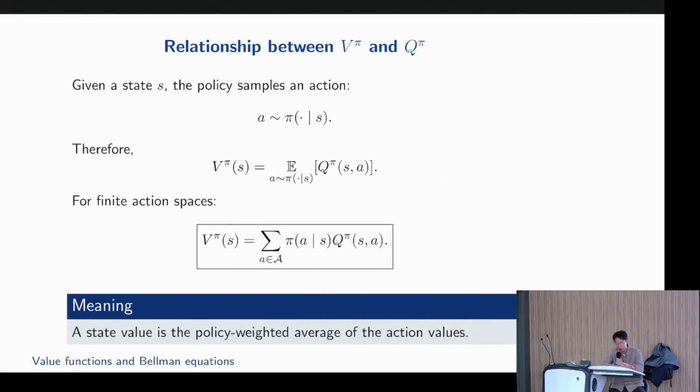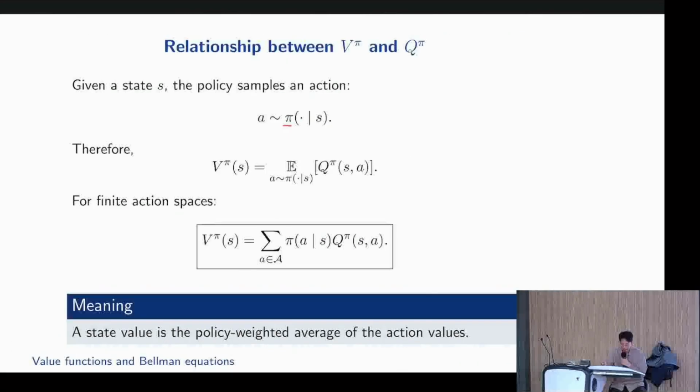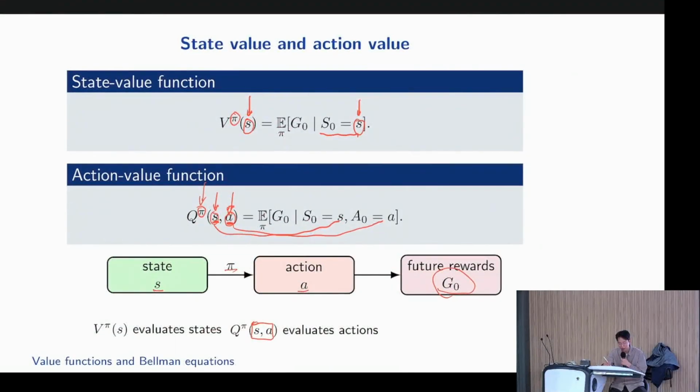So what's the relationship between V and Q, or value function and action value function? So given a state, policy samples an action from this policy distribution. So by definition here, they're related. So V pi of S is actually expectation of the Q function where action, this guy here, is sampled from the policy.